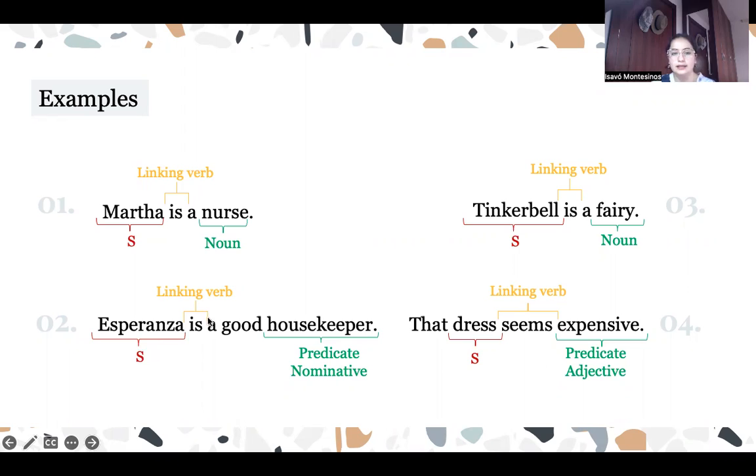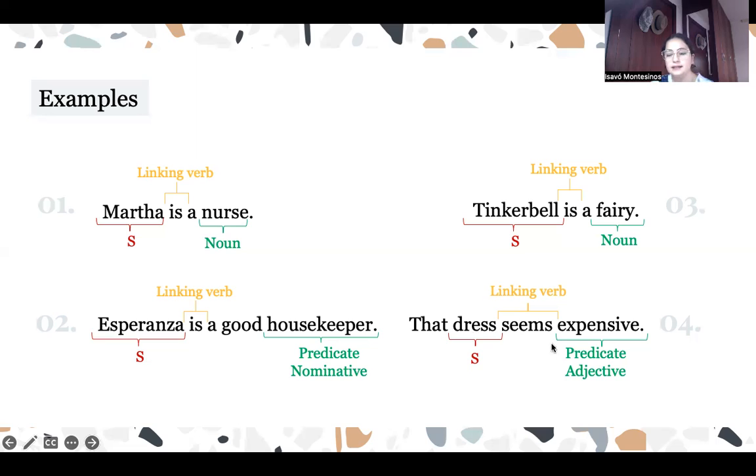Esperanza is the subject, is is the linking verb, and housekeeper is a predicate nominative, because let's remember that the predicate nominative tries to highlight the subject. The next sentence: Tinkerbell is a fairy. Tinkerbell is the subject, is is the linking verb, and fairy the noun.